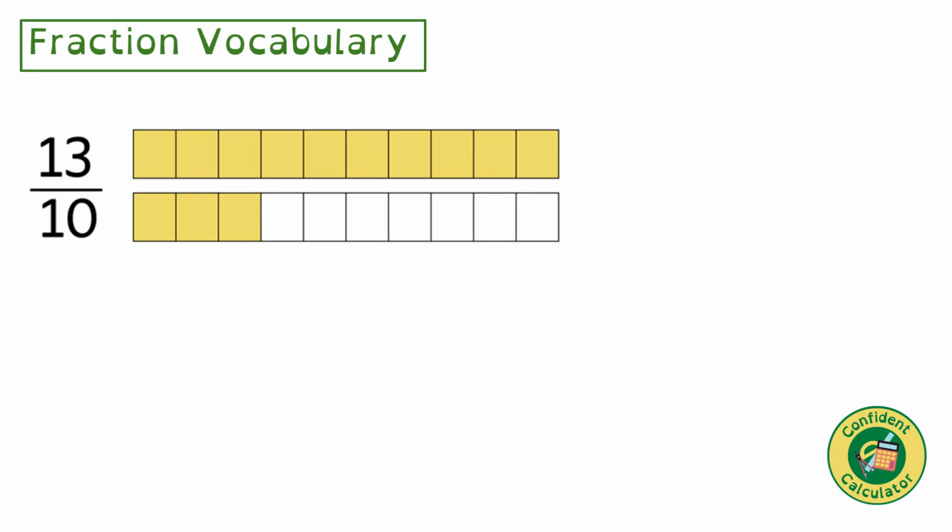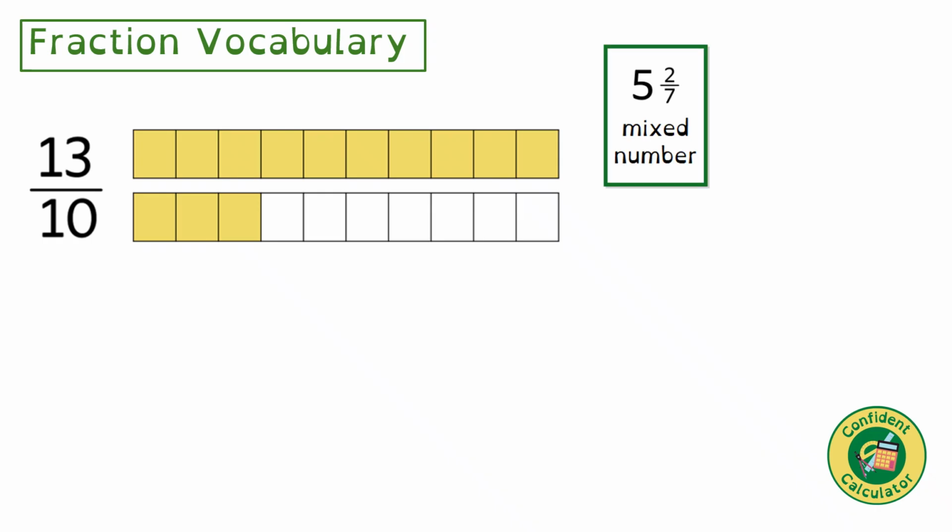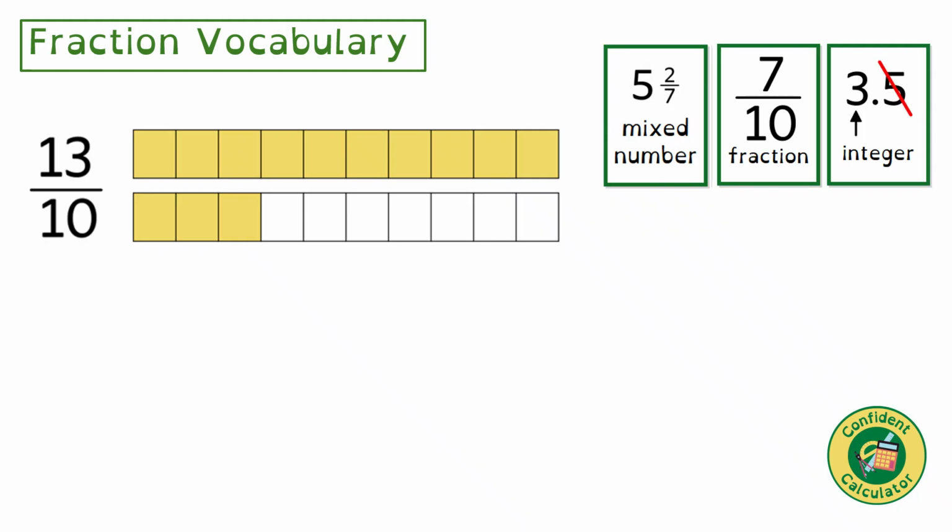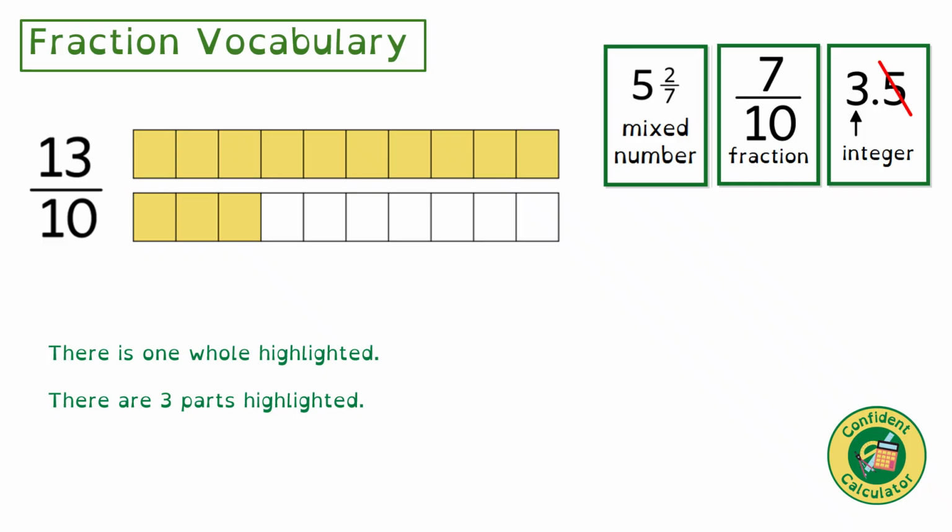Here we can see the improper fraction of 13/10, but we can represent this as a mixed number, which is made up of a fraction and an integer, or a whole number. In our representation, we can see that there is 1 whole highlighted and 3 parts highlighted.